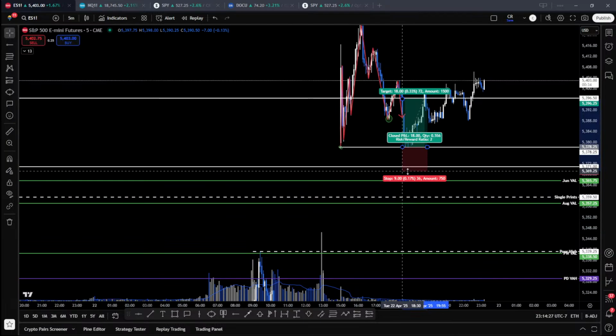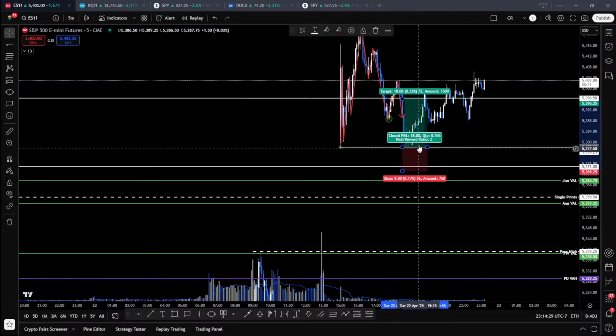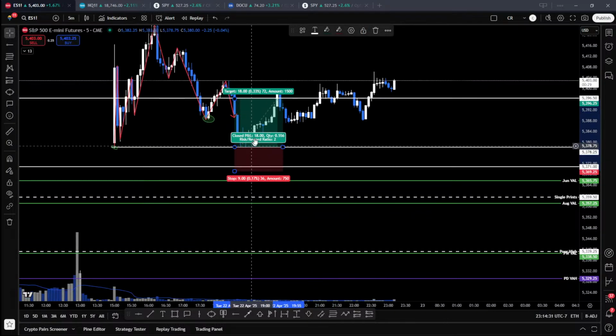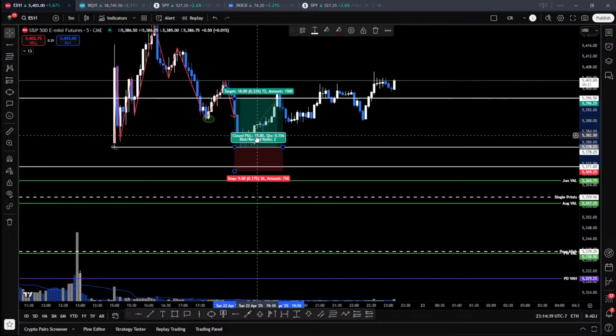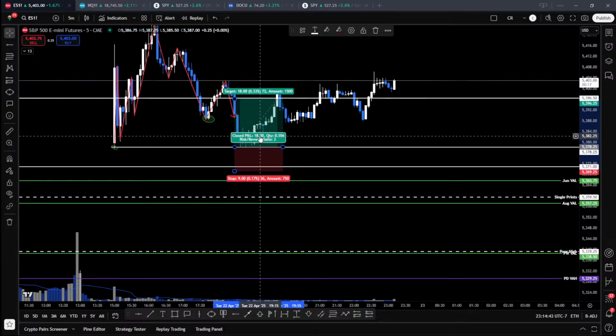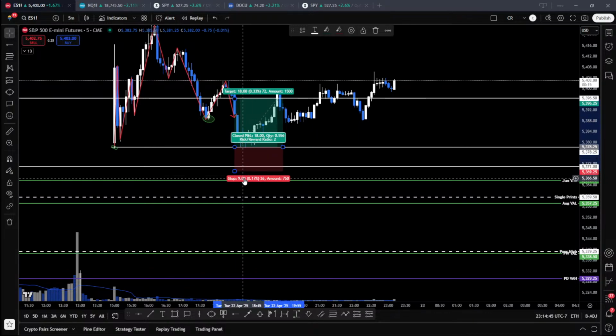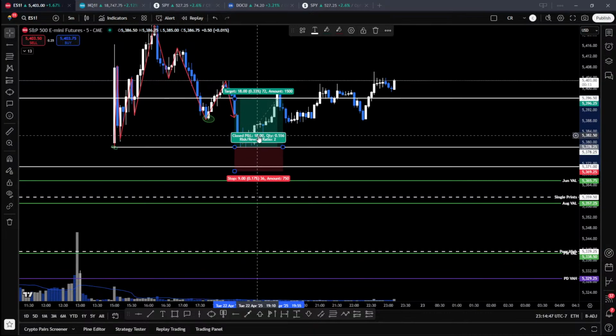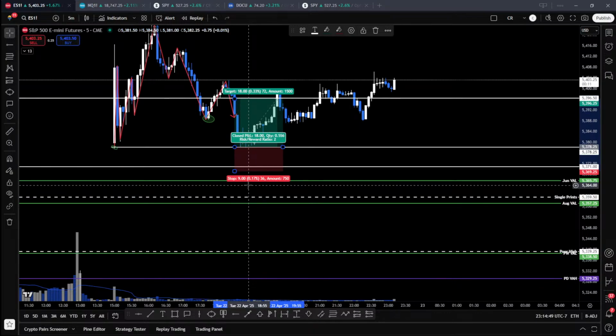And so if I put my stop loss here, I'm getting 2 to 1. I'll take this trade all day, every day. I'm risking 18. Wait, that's not right. Risking 9, sorry, to make 18, right? I'll do that all day long, every day.